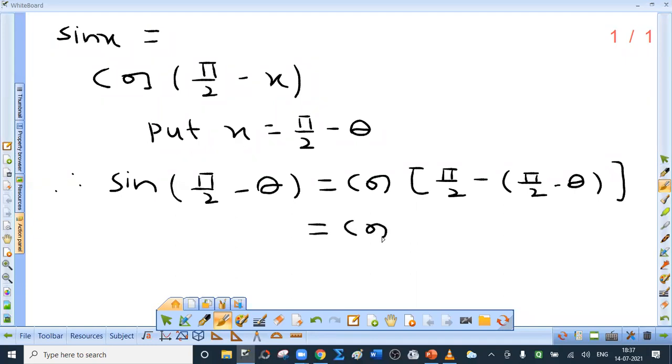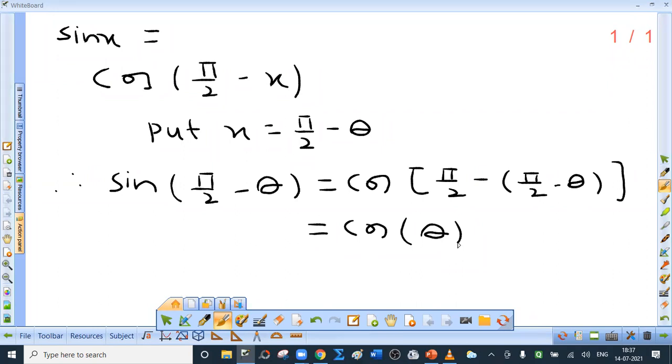So this is cos of, open the bracket, pi by 2 minus pi by 2 plus theta. What remains is just theta. Yes, sine of pi by 2 minus theta is nothing but cos theta. Is it clear?